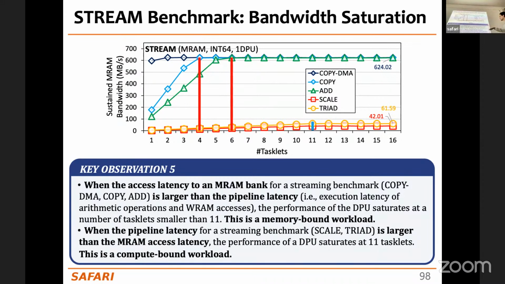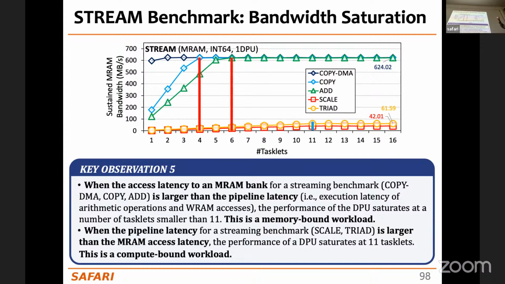One observation here, you can read this banner later more carefully: for some workloads, not many, we see that the saturation point happens before 11 tasklets, or before 11 PIM threads. And that's basically because those workloads are memory bound, even in these DPUs.